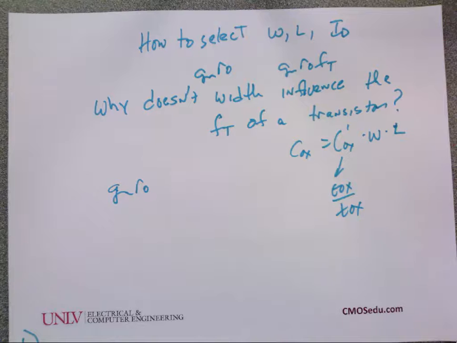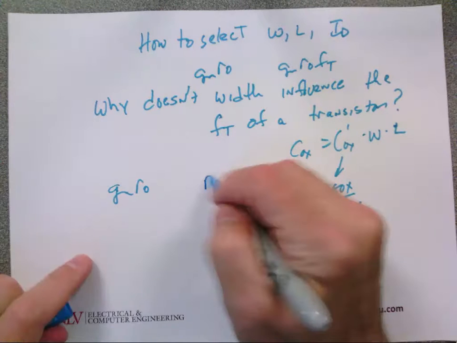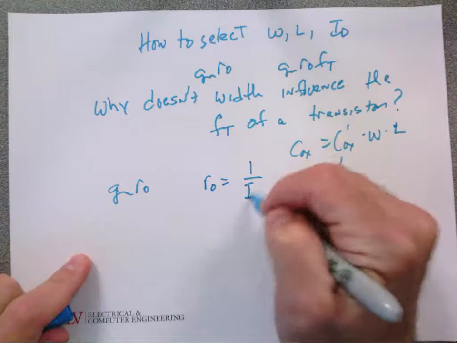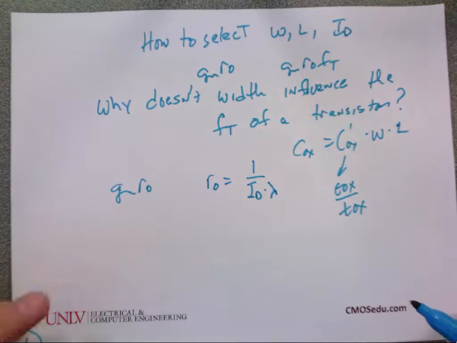Why does the gain go up with decreasing current? You can use equations. I can answer it verbally, but I'm going to use equations. Output resistance is proportional to ID times lambda. So if I reduce the current, I get a linear change with output resistance.